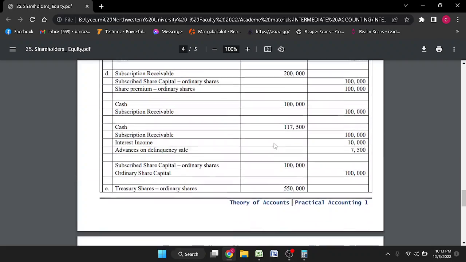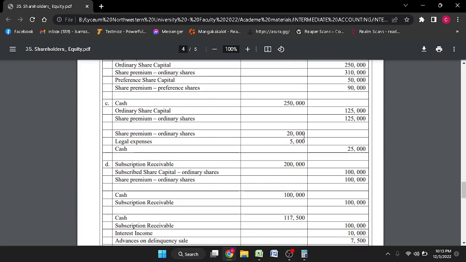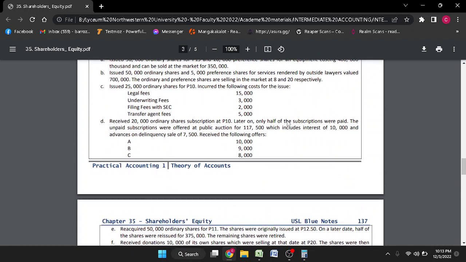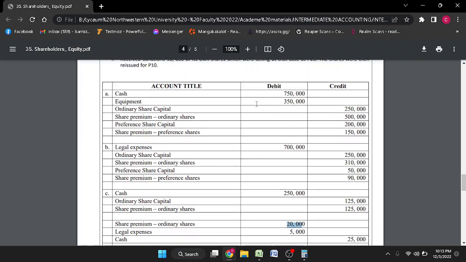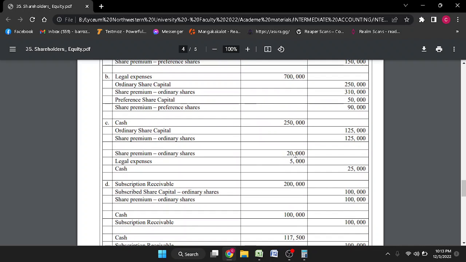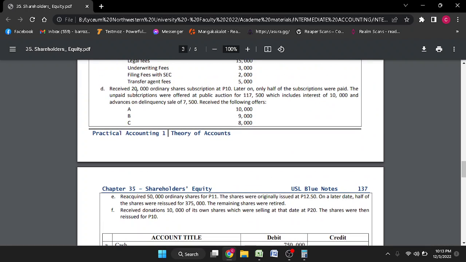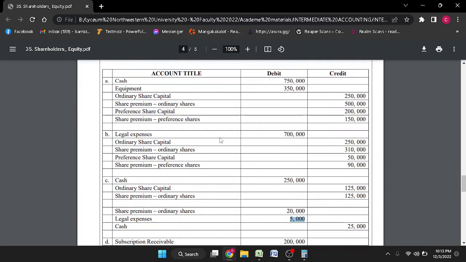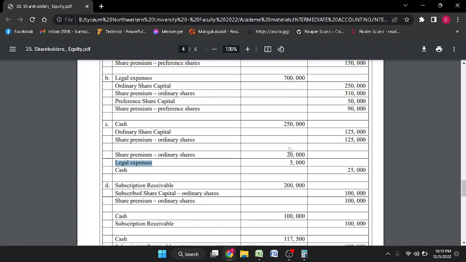Only 5,000 legal fees was deducted. Or should have been the transfer agent fees. I think this should be the transfer agent fees.